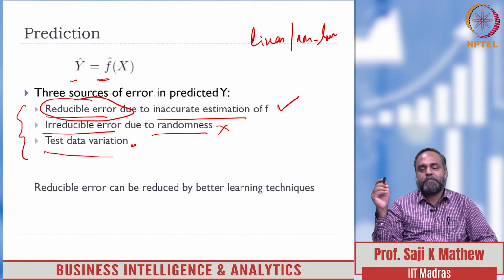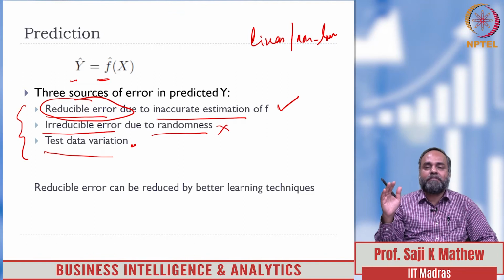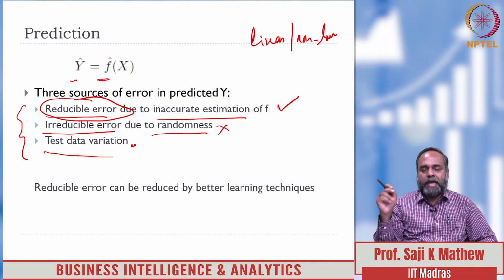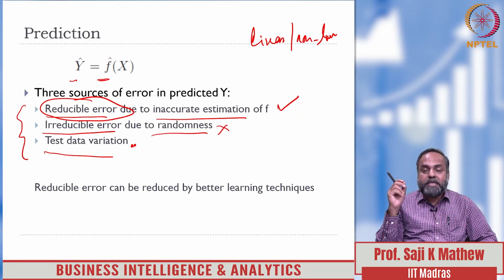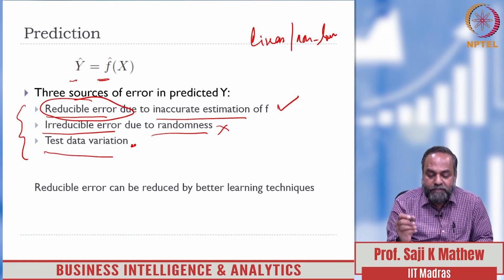What does that mean? Your testing process itself can introduce error, or getting the actual error calculated is a challenge, and that is because of test data variation. Let me give a simple example.